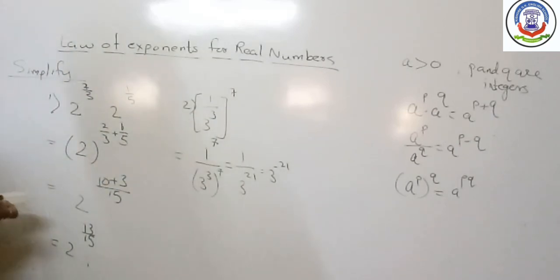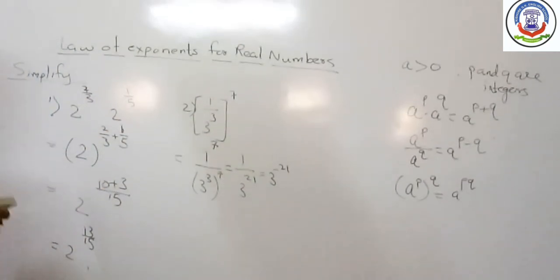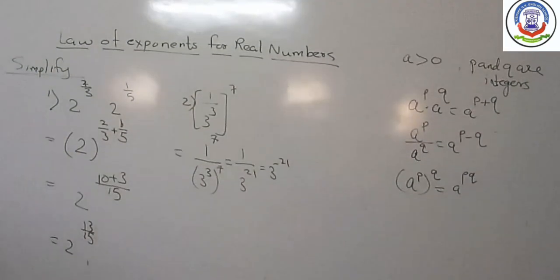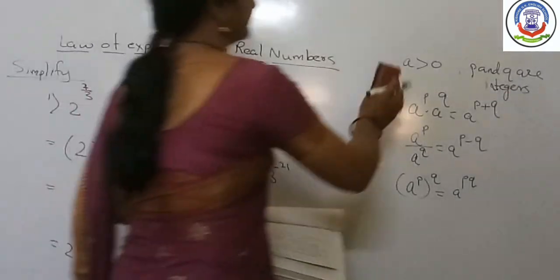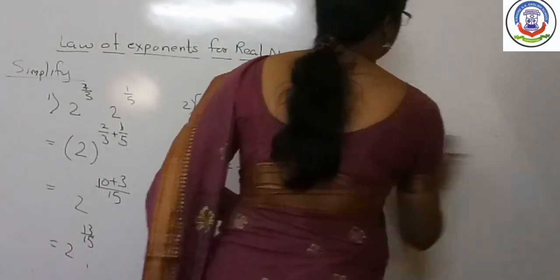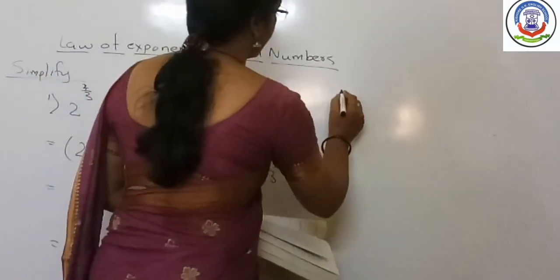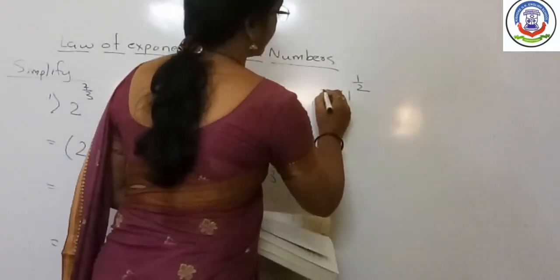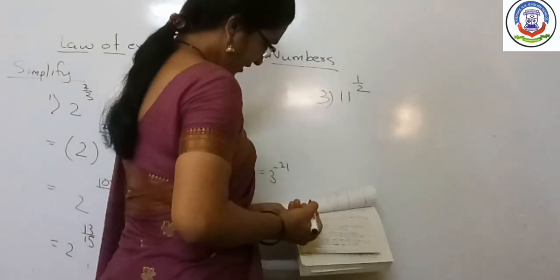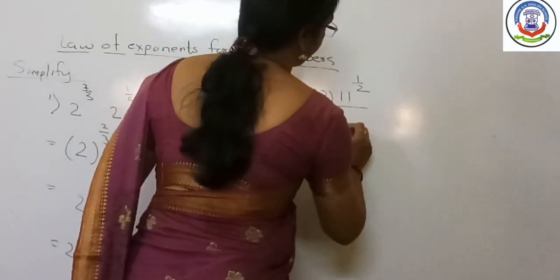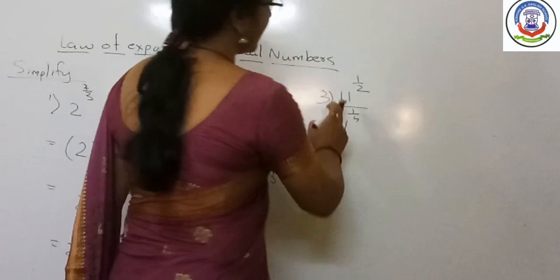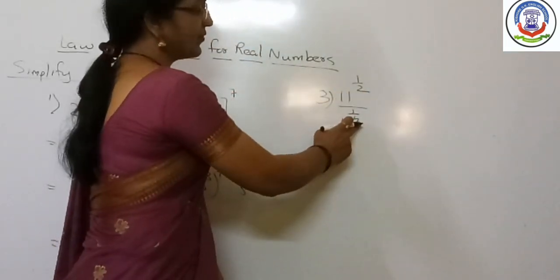Now the next type of sum is 11 raised to half divided by 11 raised to 1 by 4. Again it is in the form a raised to p upon a raised to q.